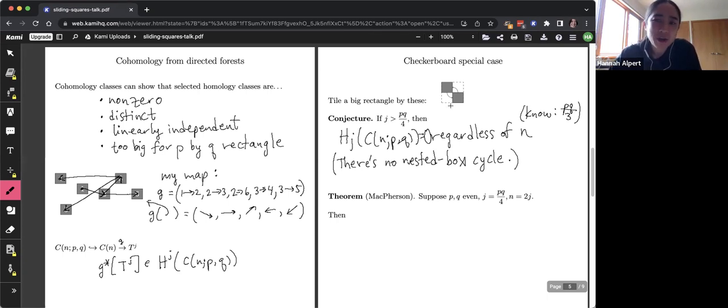So, we often ask two sorts of questions. On the one hand, you can ask whether homology is 0.